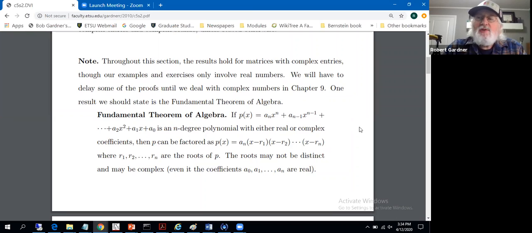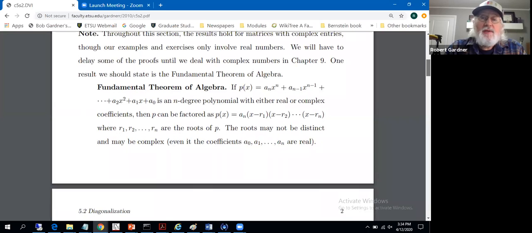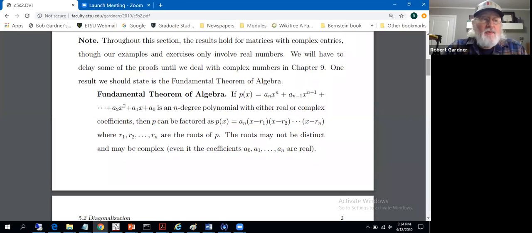We're forced into this because, if you'll recall, the characteristic polynomial of a matrix was an n-degree polynomial, and the zeros of the characteristic polynomial were the eigenvalues of a matrix. So zeros of polynomials are tied in with eigenvalues. That's why we're interested in them.